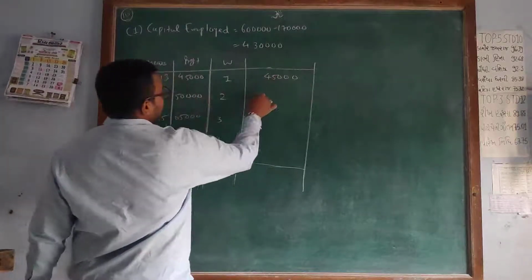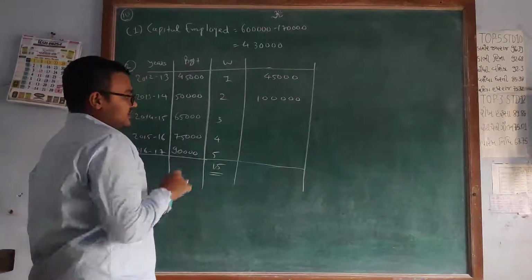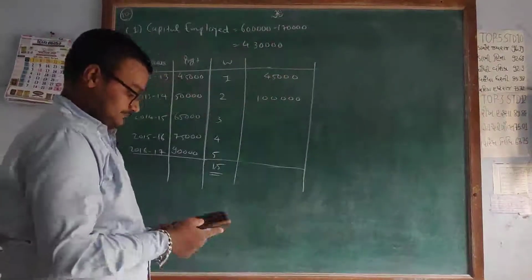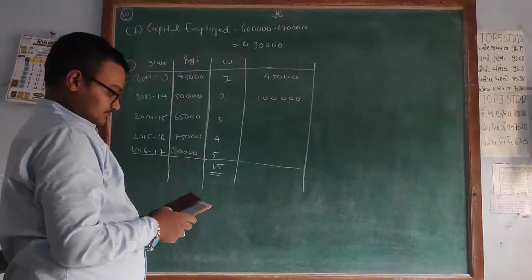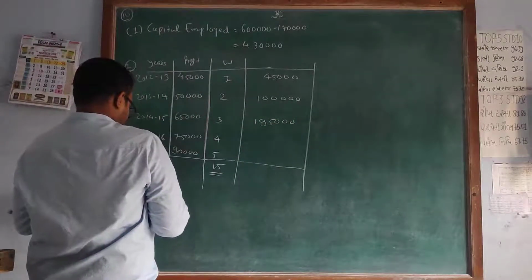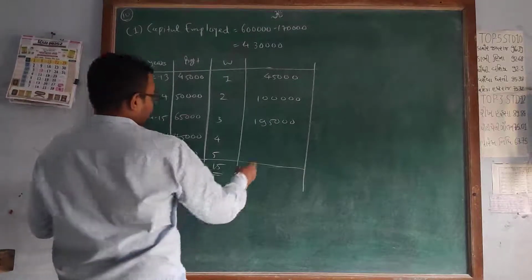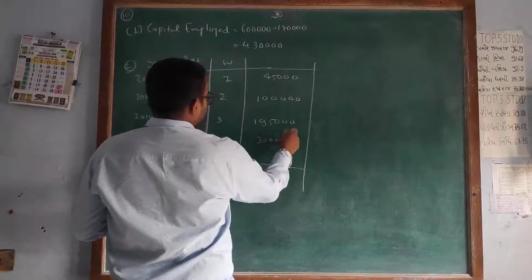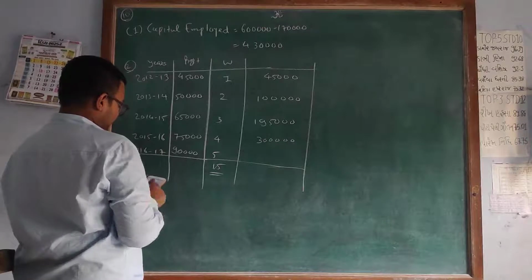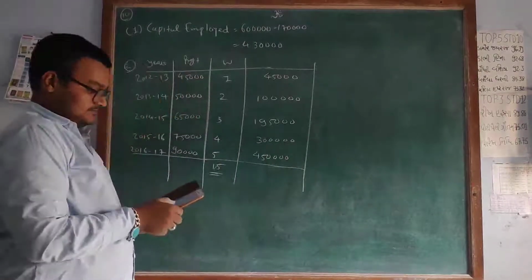45,000, 1 lakh. 65 into 3, do it in calculator, 1,95,000. 75,000 into 4, 3 lakhs. 90,000 into 5, 4 lakh 50,000.